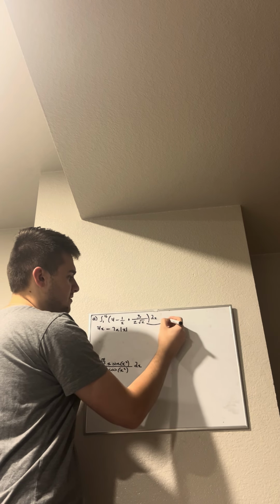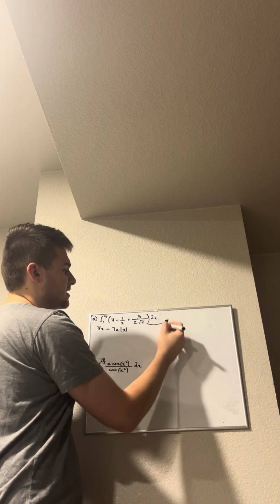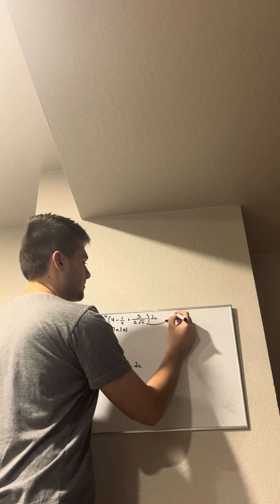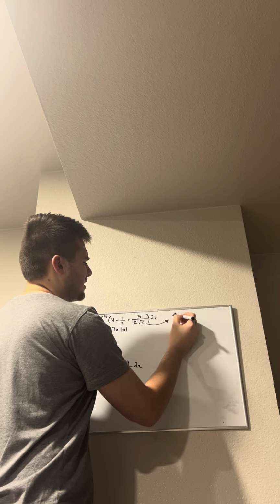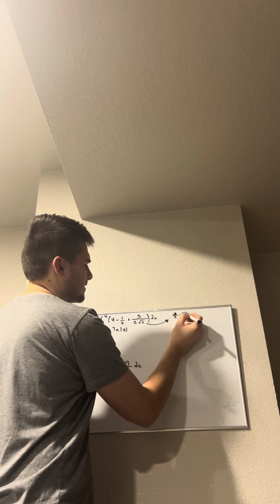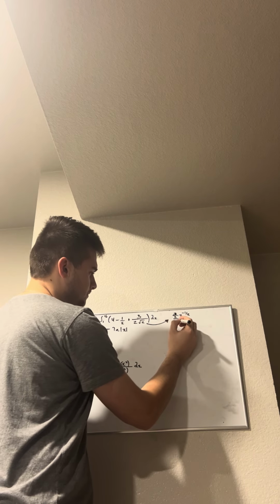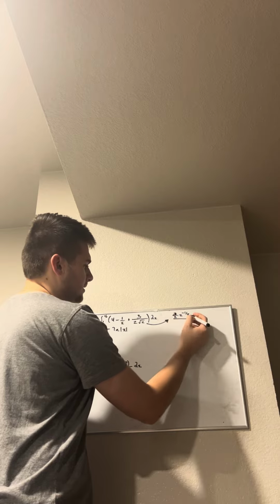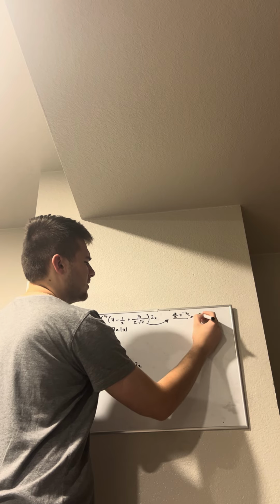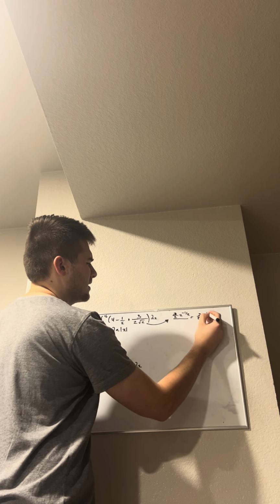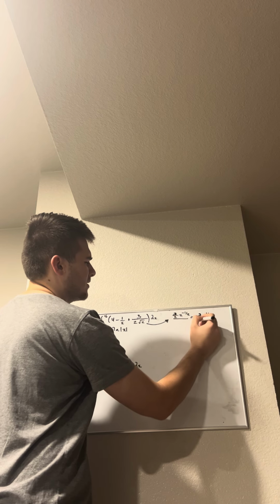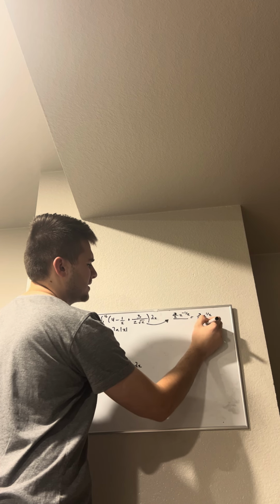What I like to do, to simplify this process, is rewrite this in terms of the power rule. So we have 3 over 2 x to the power of negative 1/2. If we apply the power rule, now we have 3 over 2 x to the power of 1/2 over half.